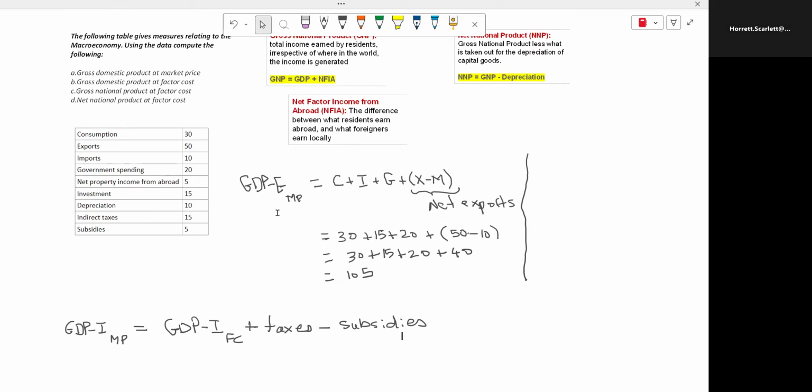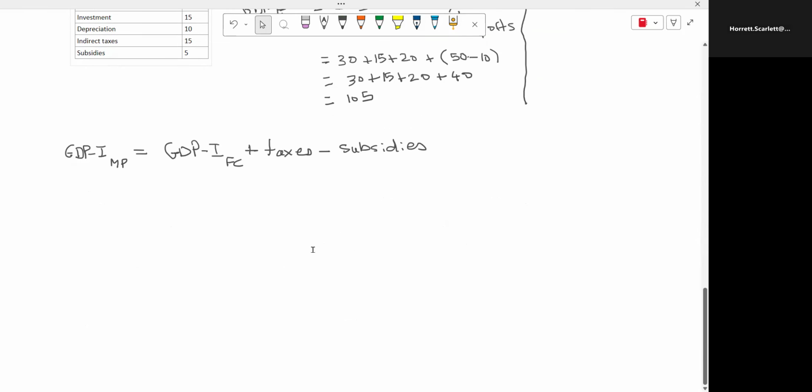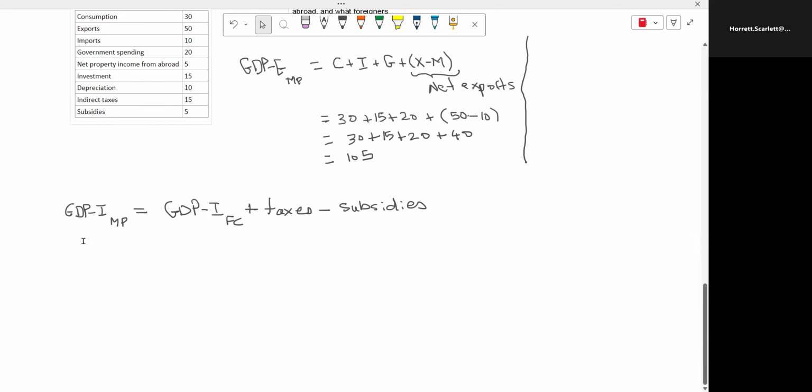So there might be some components that have to be adjusted. And the components in this case are going to be the indirect tax and the subsidies that we need to account for. So let's just use a little bit of math because we want to move from GDP at market price to GDP at factor cost.